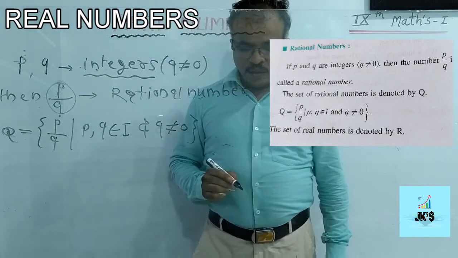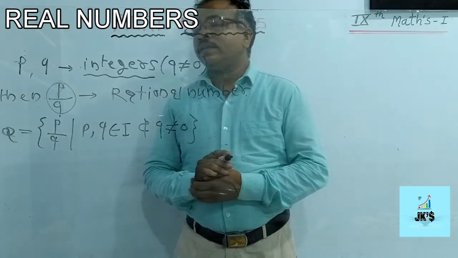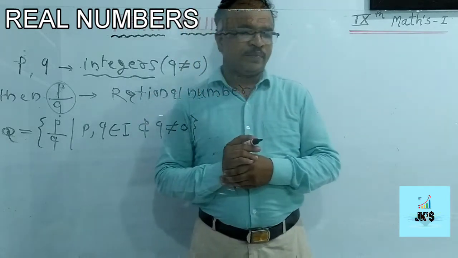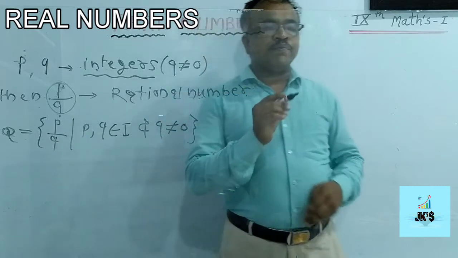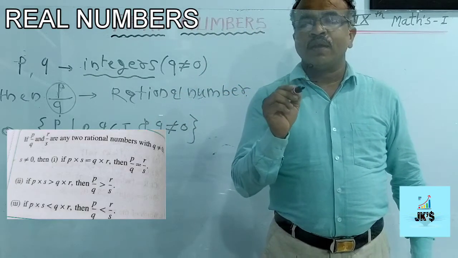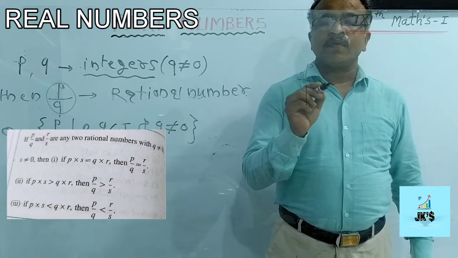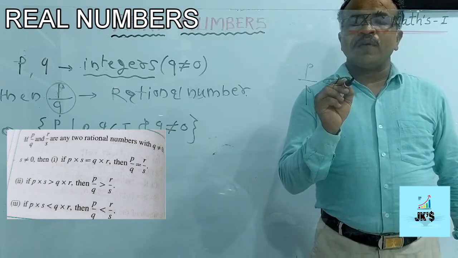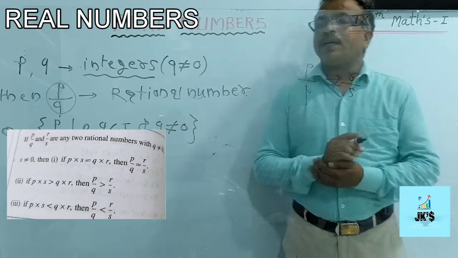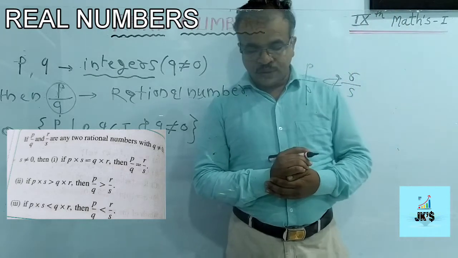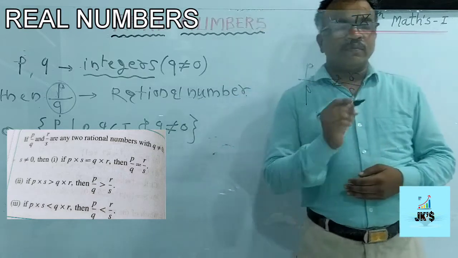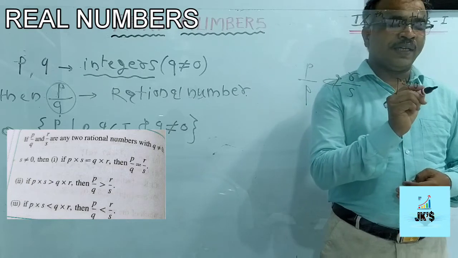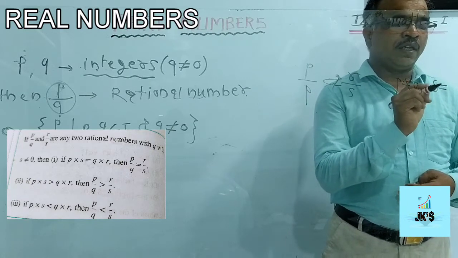Now the order relation of rational numbers. Order relation means how we compare them. Suppose p upon q and r upon s are two rational numbers with q not equal to 0 as well as s not equal to 0.